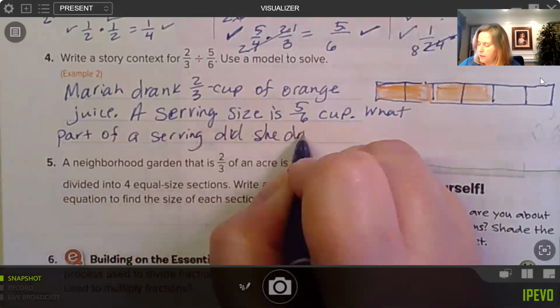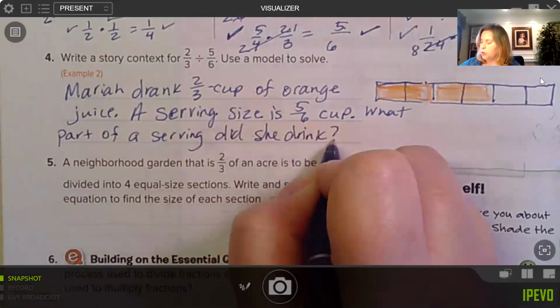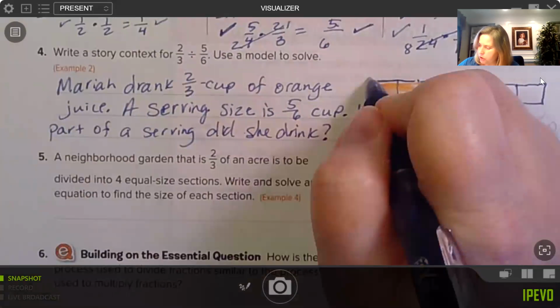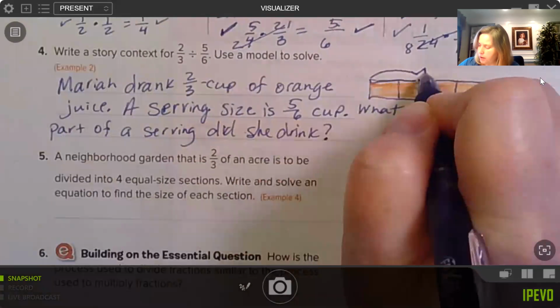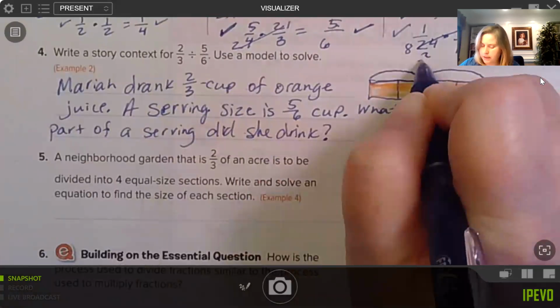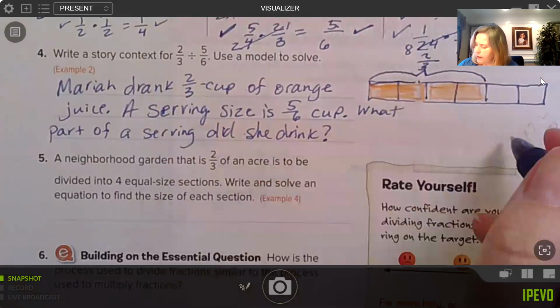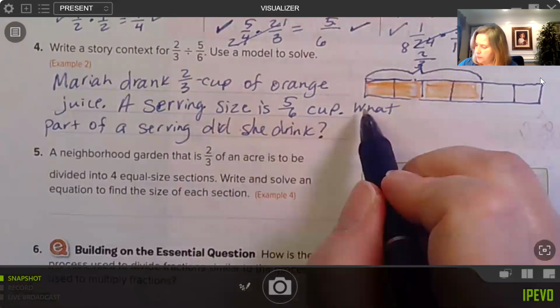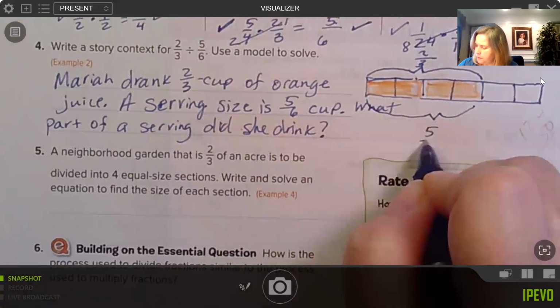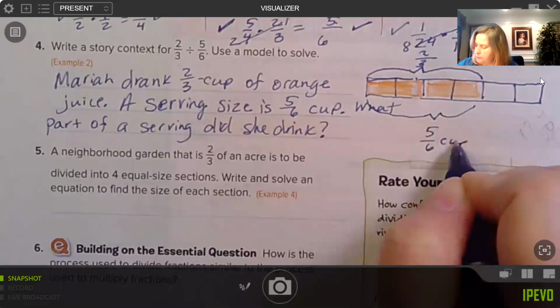And we can see from our visual model, she drank almost the whole thing, right? So this is 2/3. This is how much she did drink, 2/3 of a cup. And then a serving size is 5/6 of a cup.